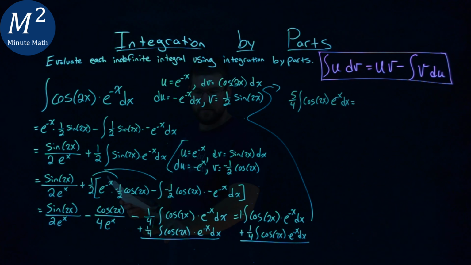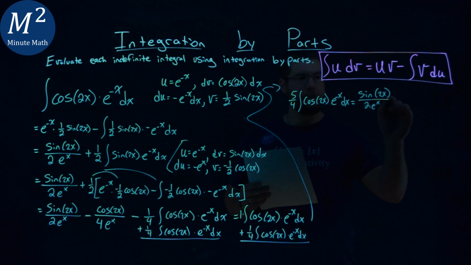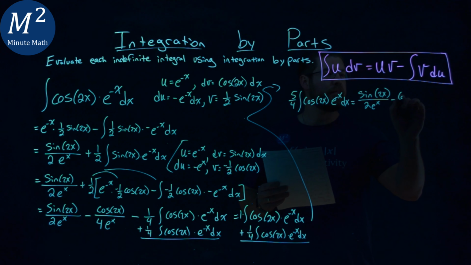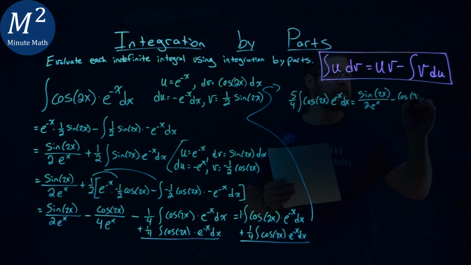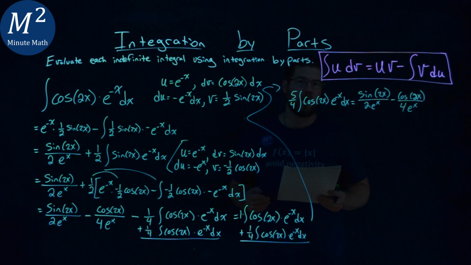And that is equal to this whole part right here. That's sine of 2x over 2e to the x power minus cosine of 2x over 4e to the x power. Okay? Got all that lined up here.